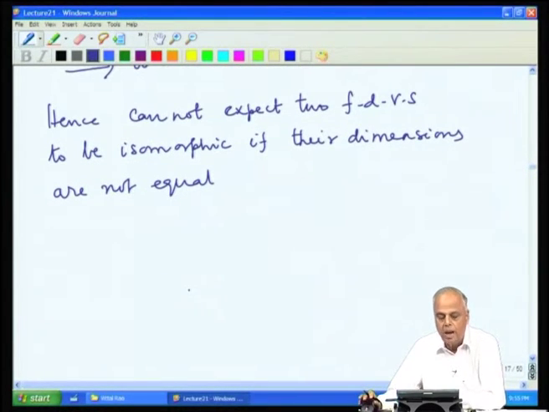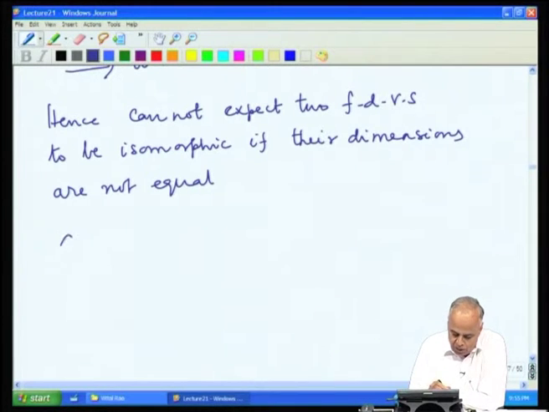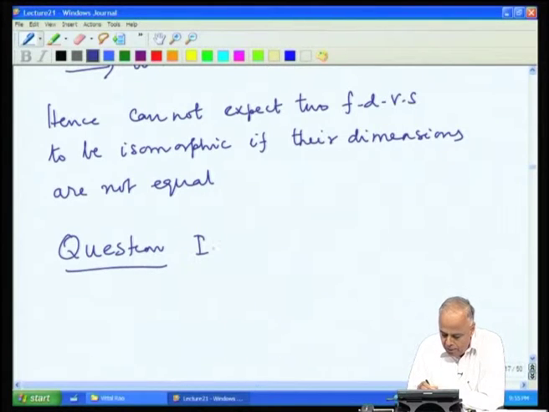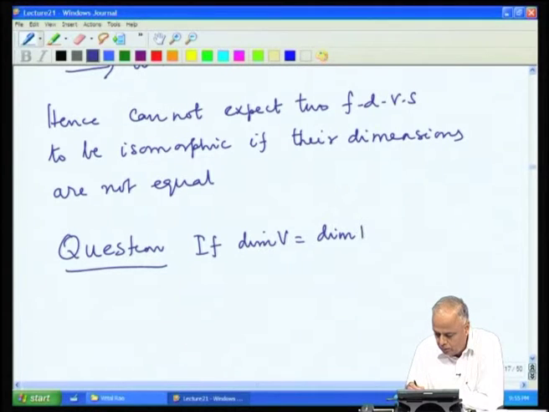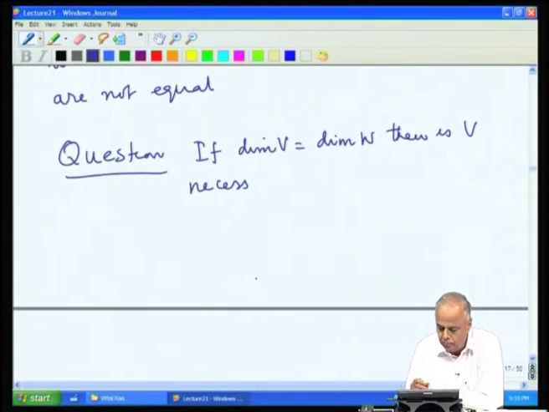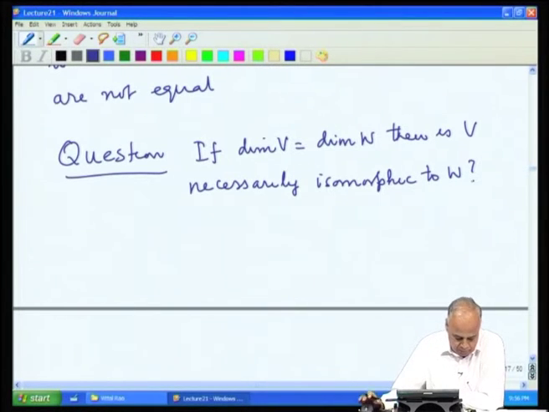Now, therefore, the question arises, if the dimensions are equal, can we expect them to be isomorphic? So, the question: if dimension of V is equal to dimension of W, then is V necessarily isomorphic to W? This question arises.